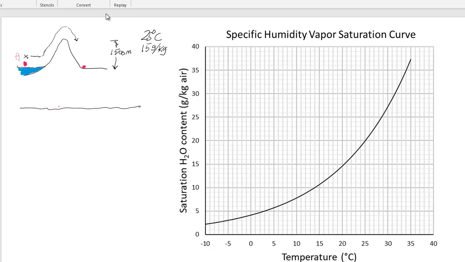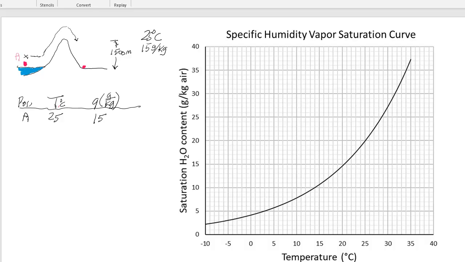This is position, this is the temperature in degrees C, and this is the specific humidity Q in grams per kilogram of air. Its initial position, we'll call that A. Its temperature is 25 degrees C, and it's at 15 grams per kilogram of specific humidity. So let's plot that on our diagram.